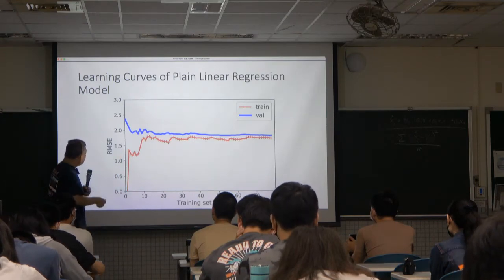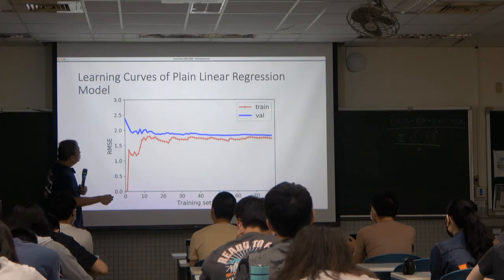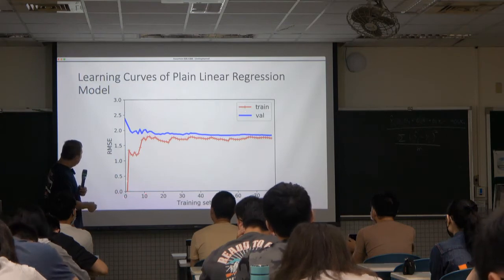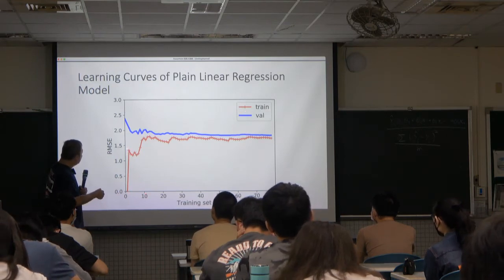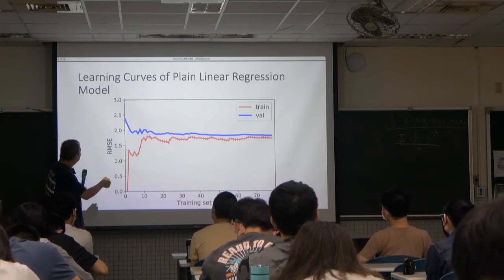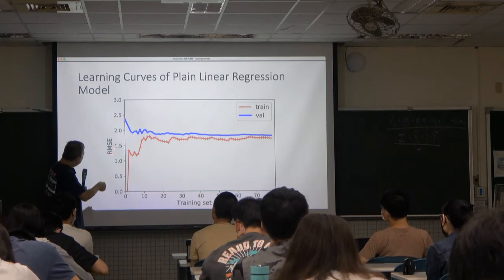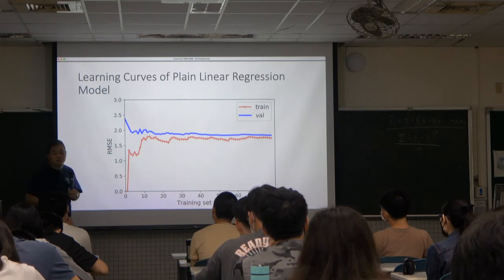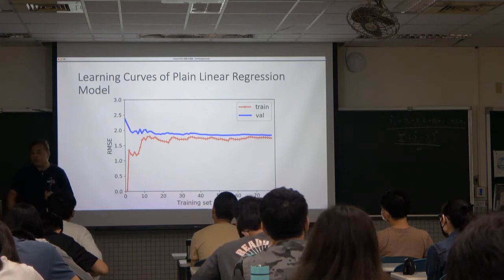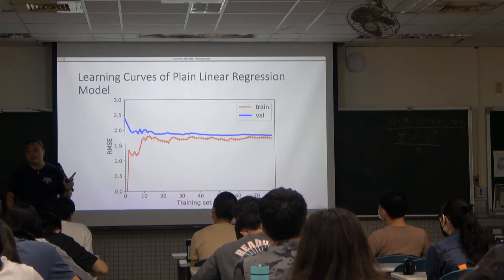You can see that at the beginning the training set error is very low, and the validation set error goes high. Remember this is RMSE, so the higher the worse, because this represents the error. The higher the error, the worse the model, obviously.